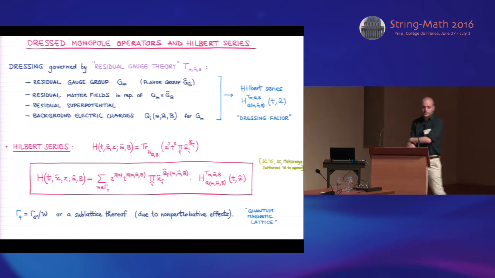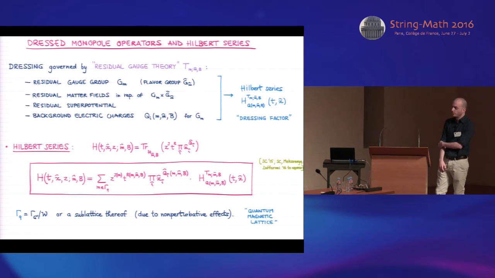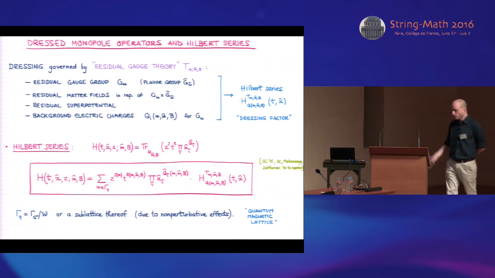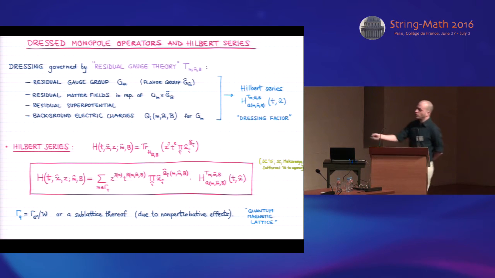So now we have all the ingredients to understand this monopole formula for the Hilbert series. The Hilbert series that we define in the presence of background magnetic charges will count all chiral gauge invariant operators according to their topological R charge and flavor charges. And we're counting gauge invariant operators of fixed magnetic charges under the global symmetries. So we do that by summing over all monopole operators of magnetic charge m under the gauge symmetry.